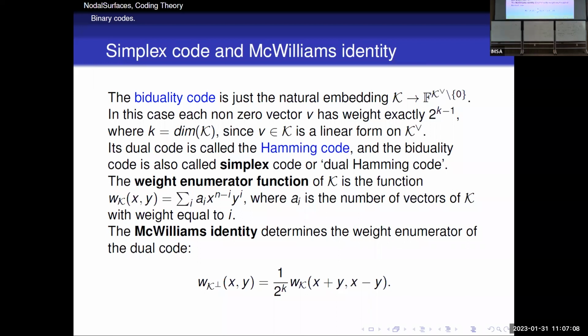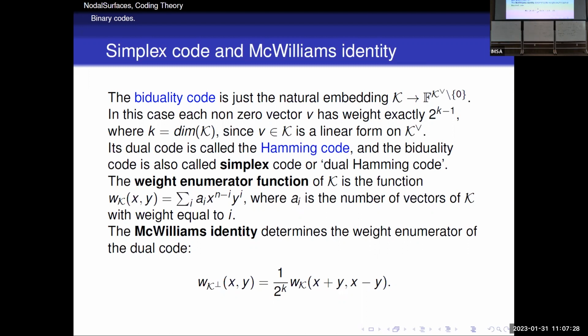Now, MacWilliams was the one who associated to a code the function called the weight enumerator. It is a polynomial whose coefficients A_i are the number of vectors of K with weight equal to i.